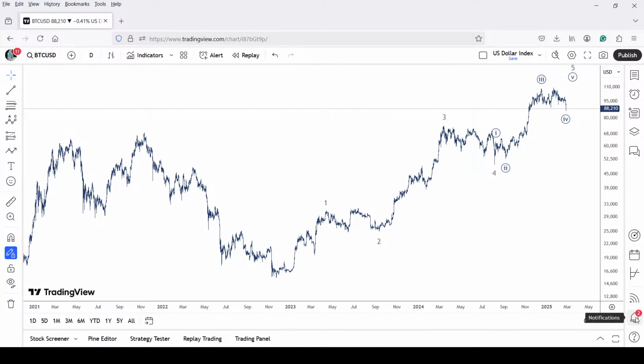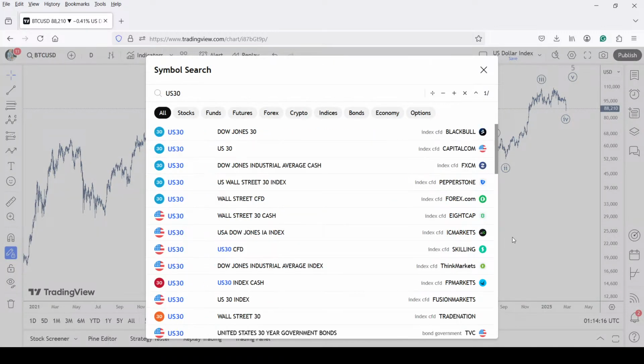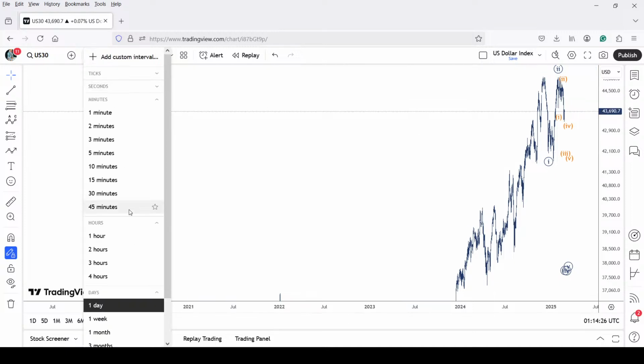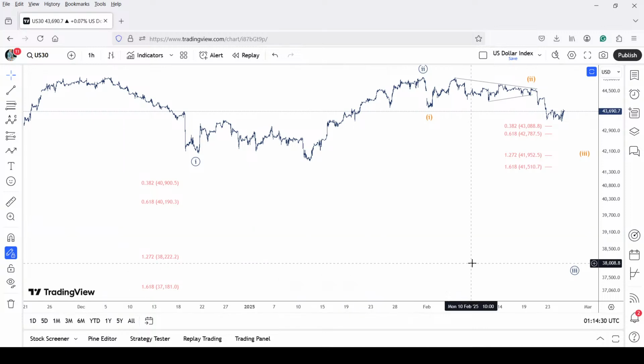On the other hand, if we look at the Dow Jones, we wanted to add SPX 500, but I think we'll add tomorrow during the London or New York. Meanwhile, it's just pulling back a bit, and that is absolutely fine.